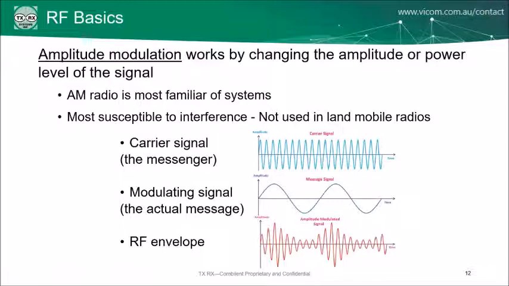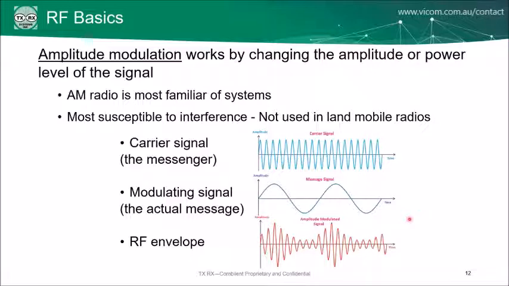So amplitude modulation works by changing the amplitude or the power level of the signal. This is AM radio. If you've ever driven in your car with your AM stations on, you'll notice that anytime you go under any sort of power lines or near anything that might be generating, you get a lot of interference.